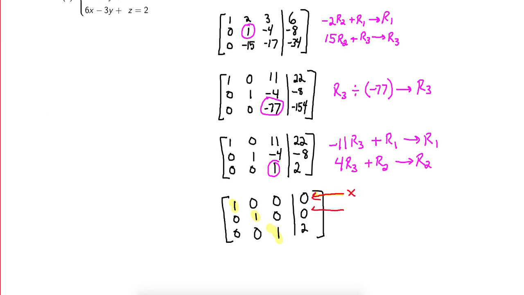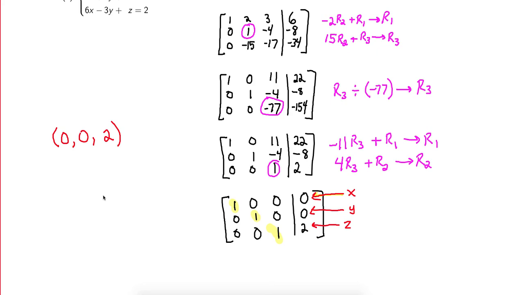The y-coordinate of our intersection is 0, and the z-coordinate of our intersection is 2. So it's not an ordered pair because we have 3 variables. It's an ordered triple. So 0 for x, 0 for y, and 2 for z. So those 3 planes intersect at that point.